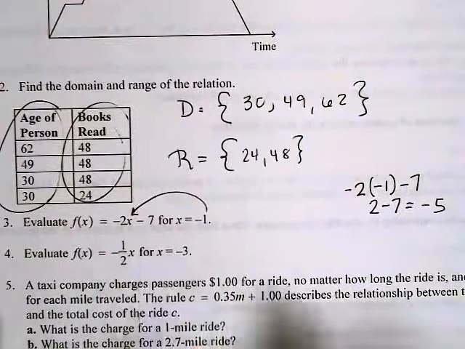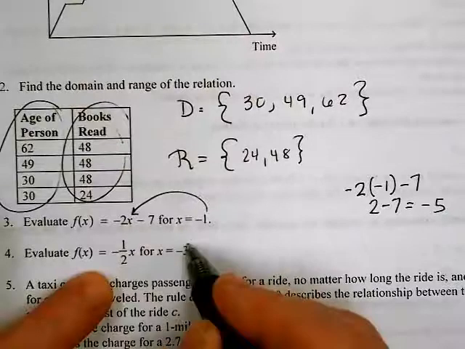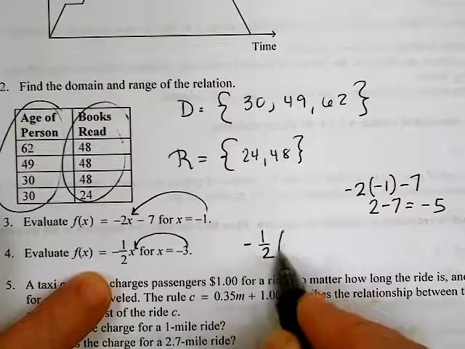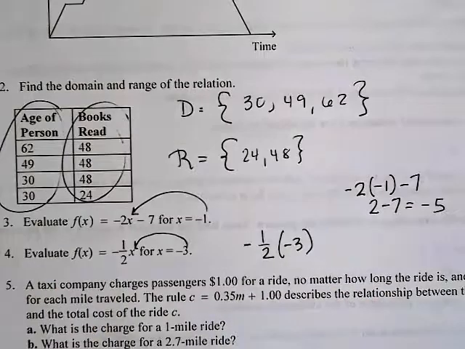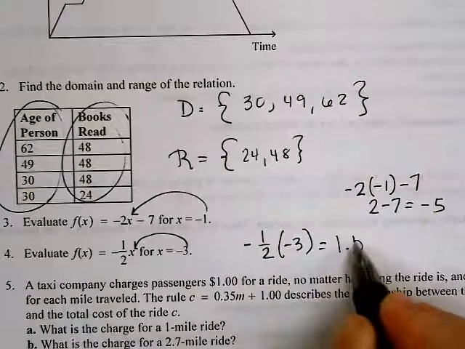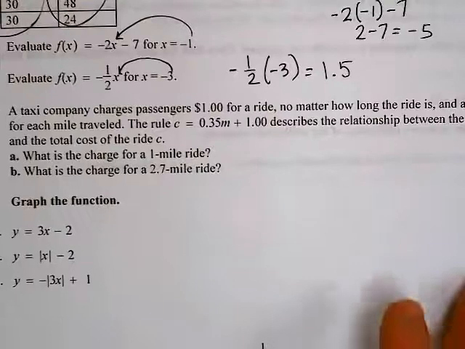Number 4, evaluate. You're going to place the -3 in place of x. So it's -1/2 times -3. First, it's going to turn it into a positive, and half of 3 is 1.5. Is that the same as 3/2? Yes, it's the same as 3/2.